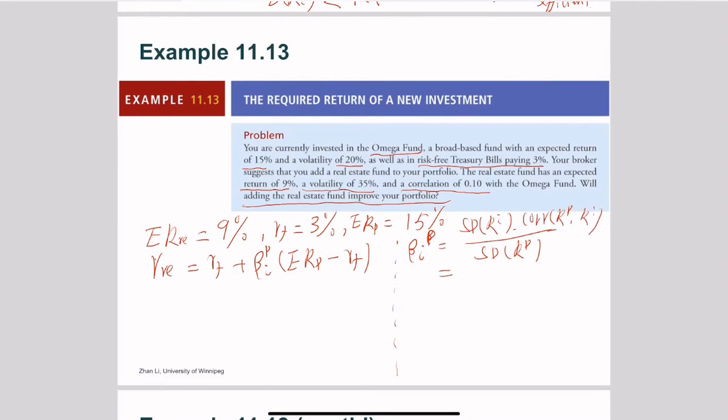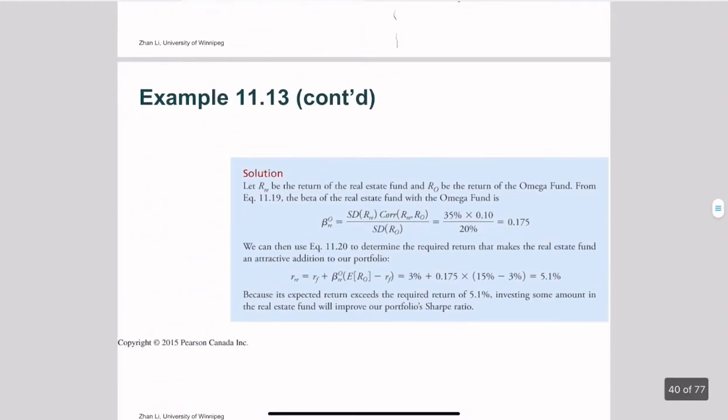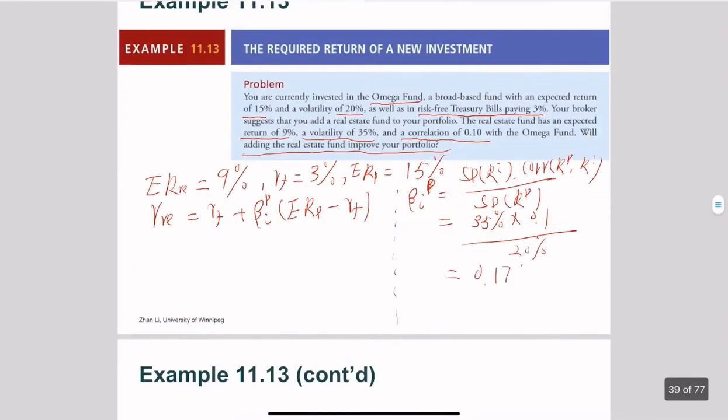In this case, you could see that we have all the numbers we need, right? And here, standard deviation of RI is given by 35%. And correlation is given by 0.1. And the standard deviation of RP is given by 20%. So I guess the beta here is 0.175. Yes, it's 0.175.